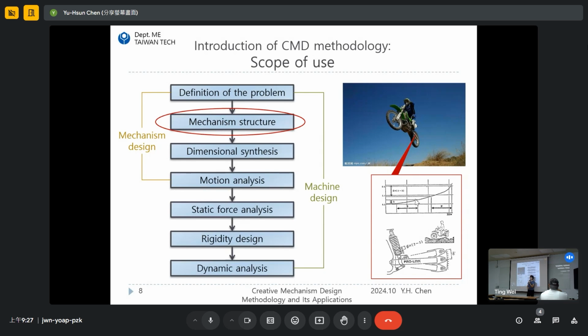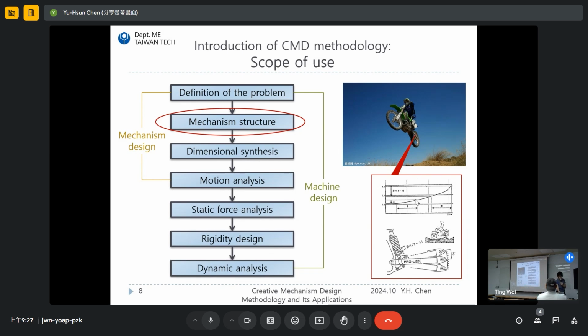But how could we make the relationship between these two? The input is the rotating angle of the swing arm. The output should be the compression of the shock absorber. And that is a 6-bar linkage. It's widely used in the motocross.